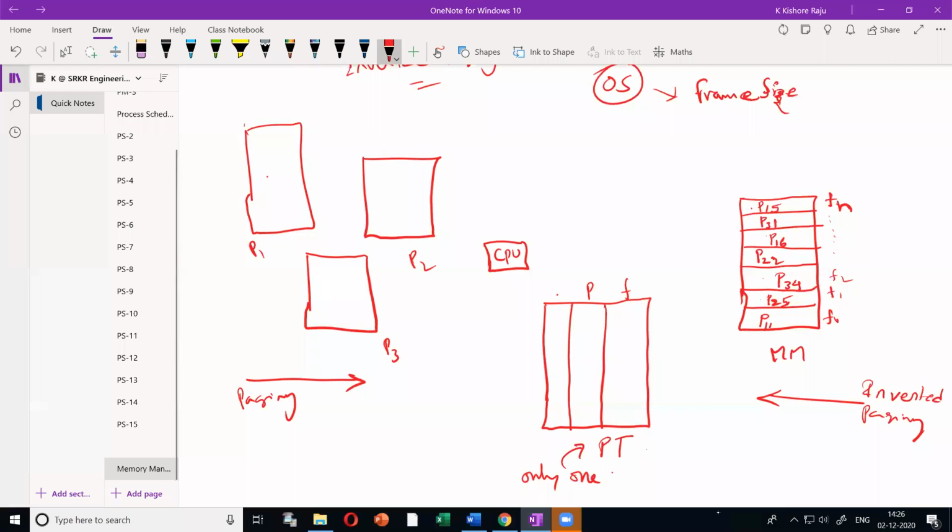So what should we do exactly? Very good, 201 Sanjay, you're exactly correct. You have to maintain the process ID. Okay, so process ID. Now how many rows will be there in the page table?